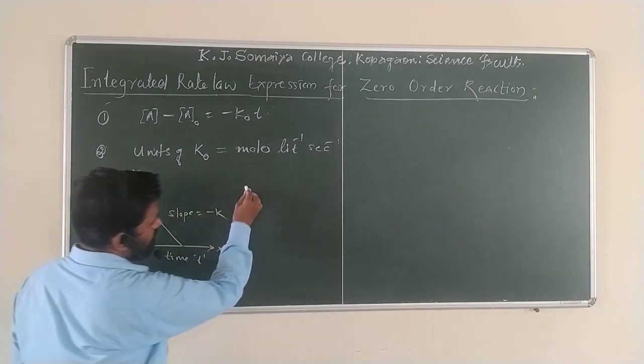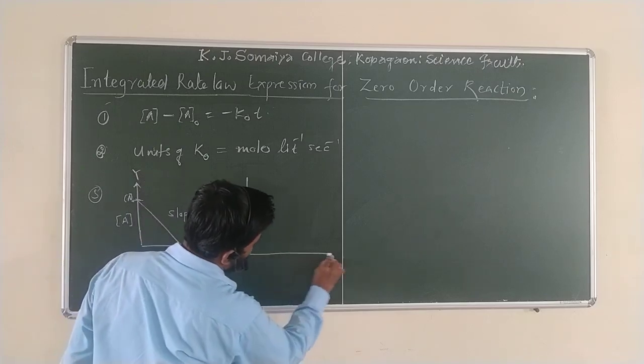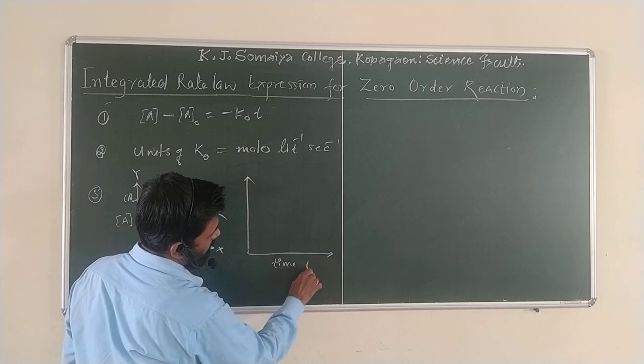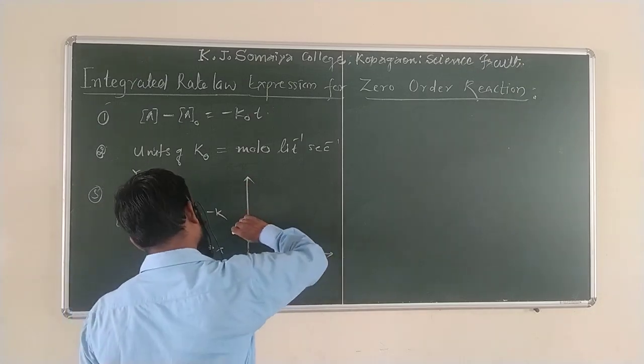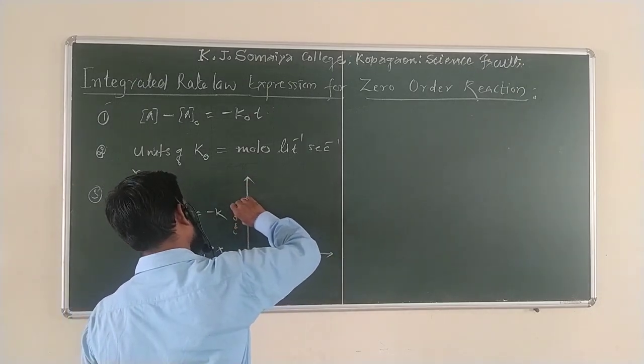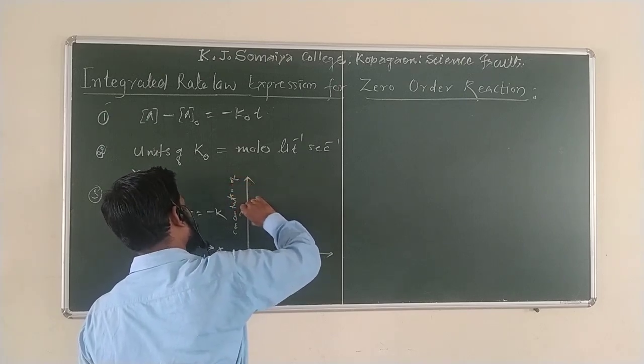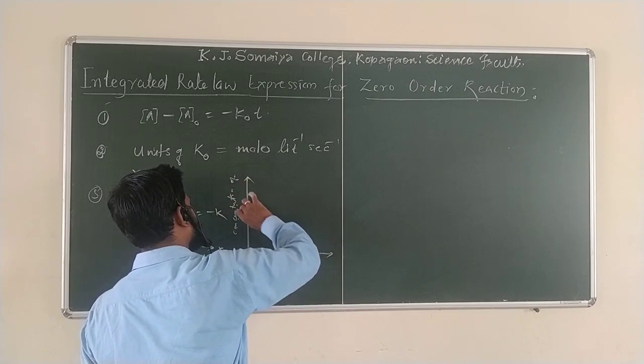Here actually one more graph is there. When you compare the time t with respect to x, the concentration of x, which is nothing but the product, how will you get the graph?